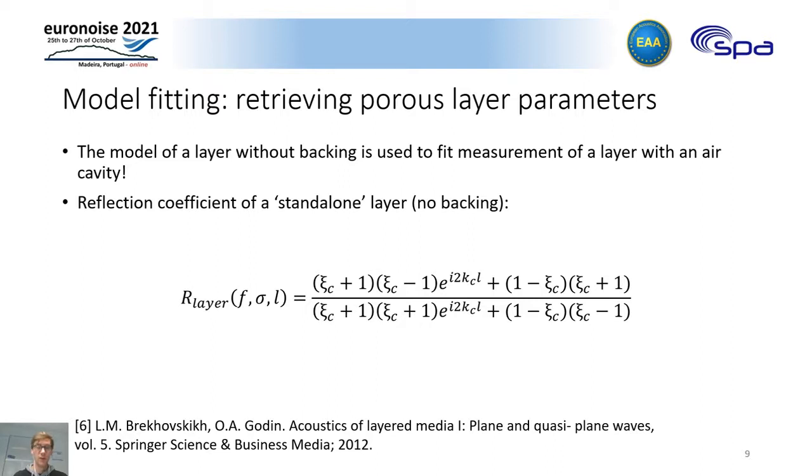So what we tried to do in this work was to model the whole system as a standalone porous layer, which means that we model the system as simply a layer that has no backing, so that we have a reflection coefficient under this form. You can see that we completely neglect the effect of the rigid backing at the bottom of the air cavity.